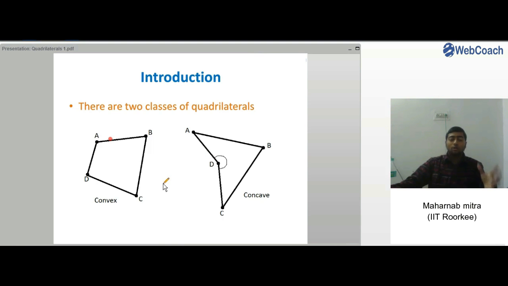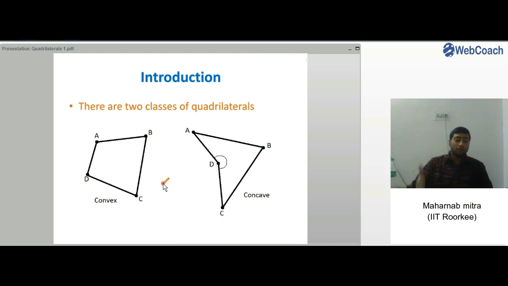I think you know what concave and convex are from light, right? We have learned in physics about light, and we have talked about mirrors, right? We have talked about different types of mirrors and lenses, and there we have learned what is convex and what is concave. And here the same concept can be applied.